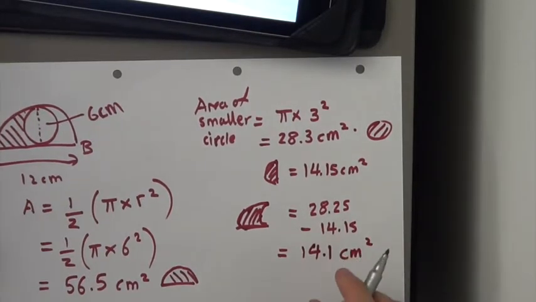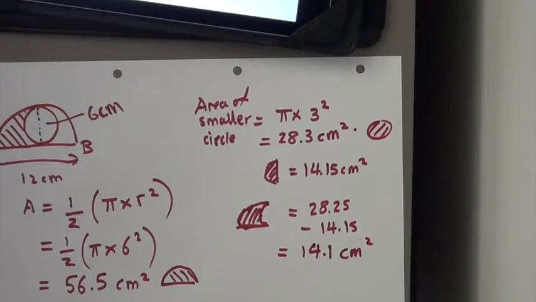So that's the answer to that bit. Then it says find the perimeter of the shaded area.